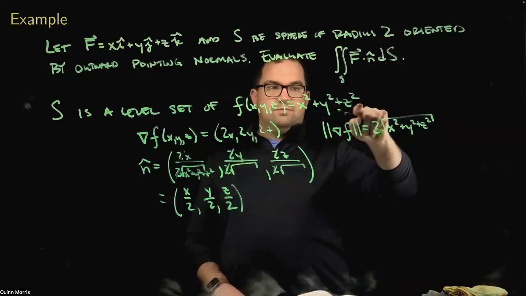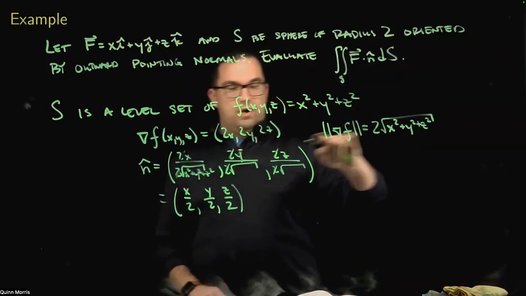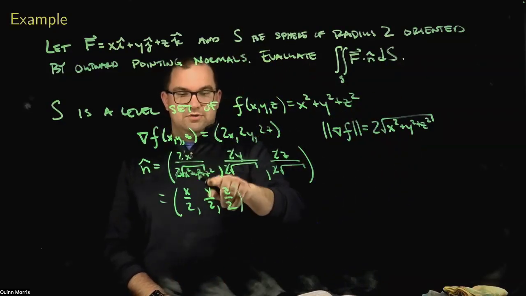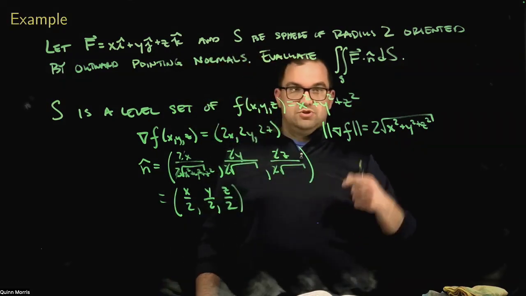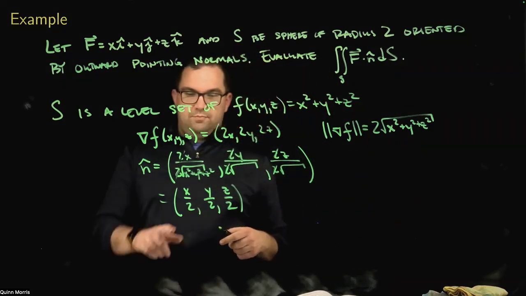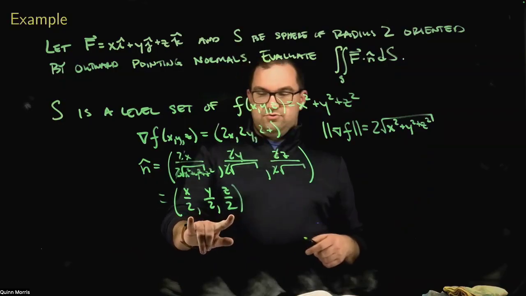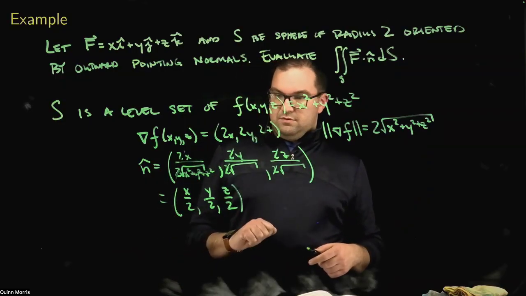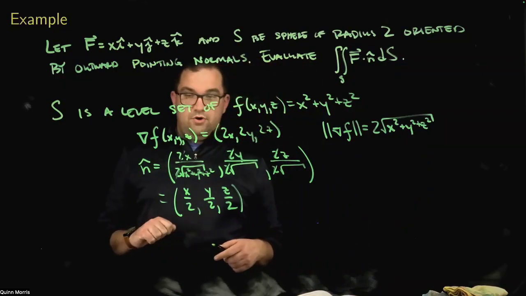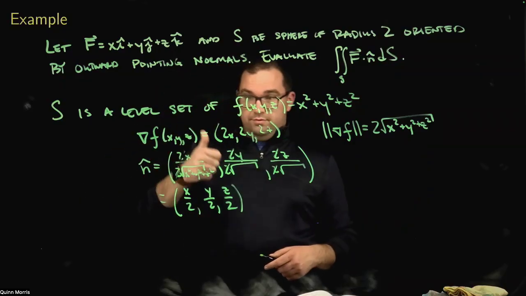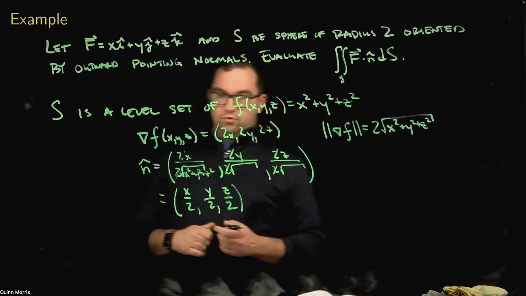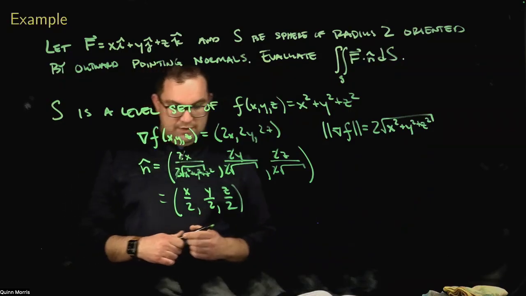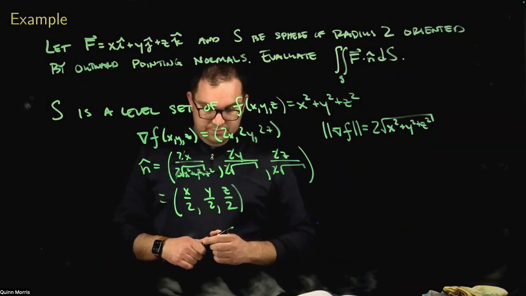So x squared plus y squared plus z squared is equal to 4, so the square root would be 2. That's just the radius of that sphere. So the particular normal vector to the surface I'm interested in is this. And notice that this is a unit normal vector pointing out.